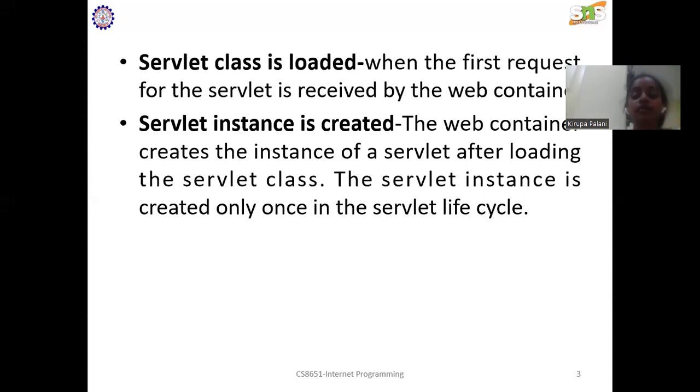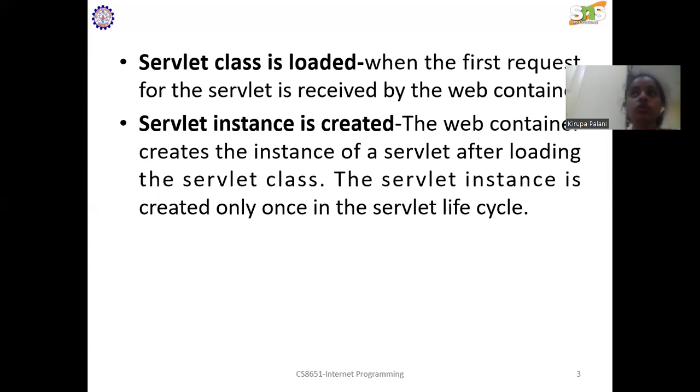Otherwise, it may delay the loading process until the container determines that the servlet is needed to service or not. There are two operations, loading and initialization. Loading loads the servlet class, and initialization creates the instance of the servlet.